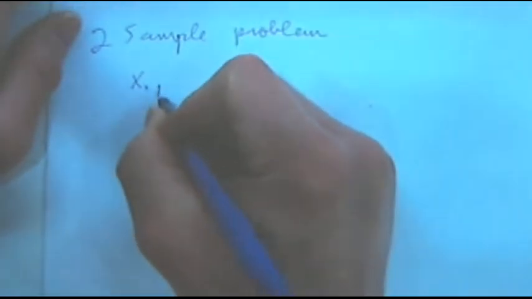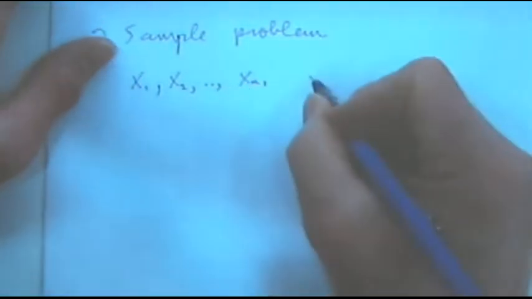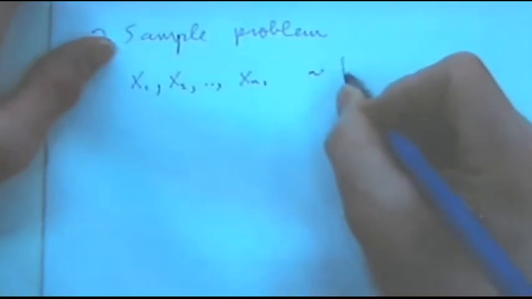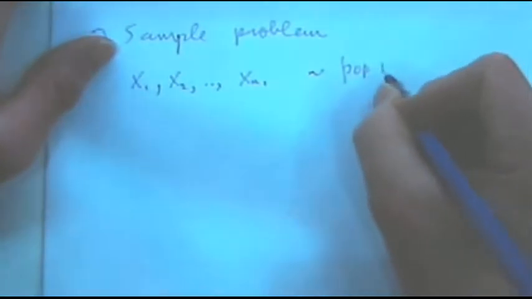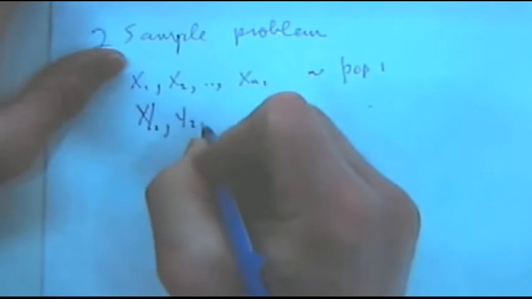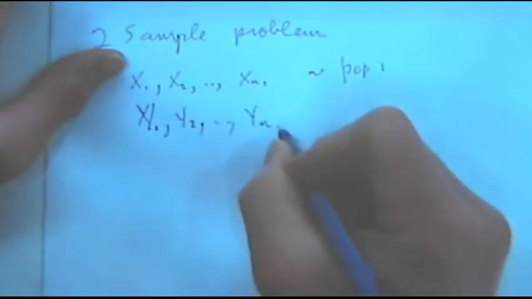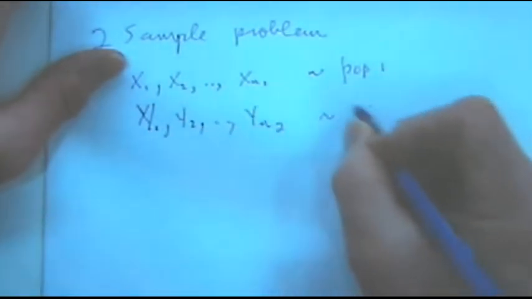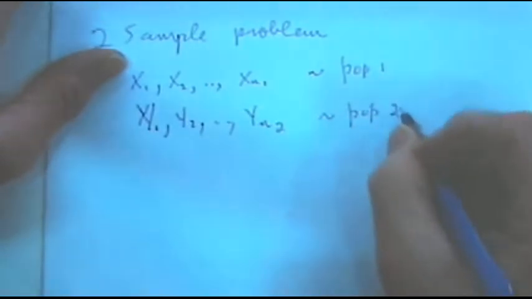So we have a sample of X's from population one, and then a sample of Y's, maybe of a different size, from another population.